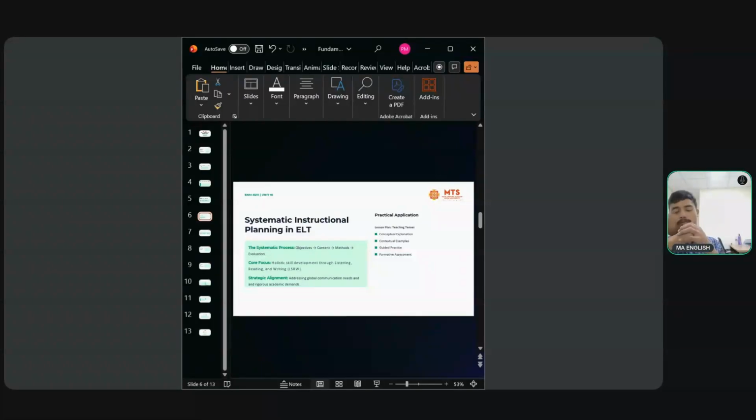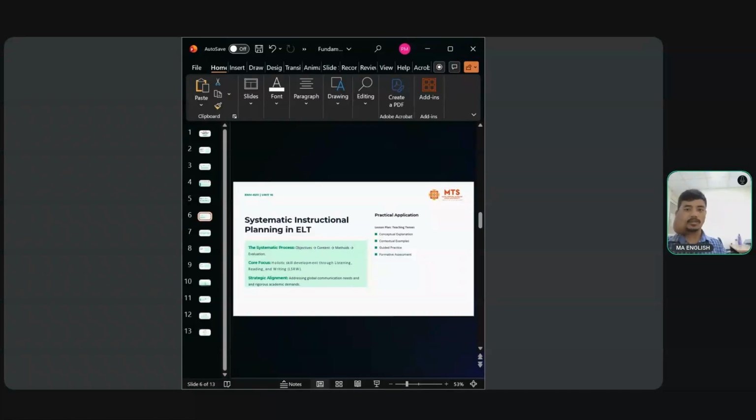As future teachers or language practitioners, you must design lessons that are meaningful, learner-focused, and aligned with real world purposes. Okay, so this is all about Unit 16, that is systematic instructional planning in English language teaching.